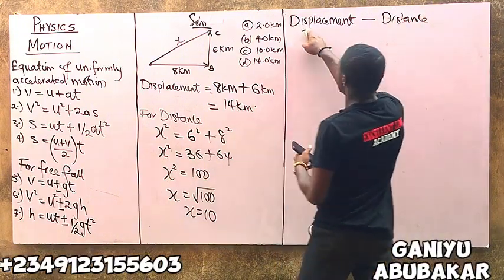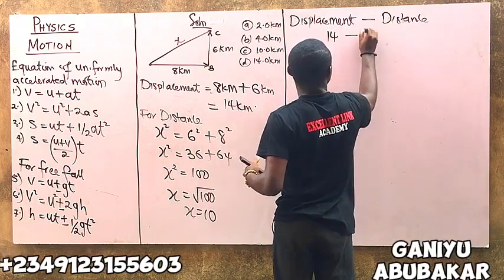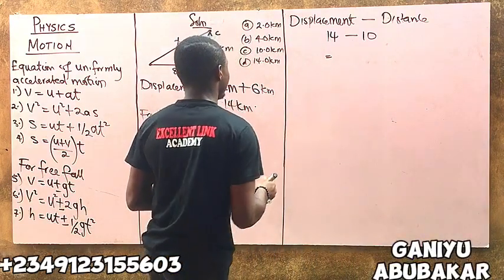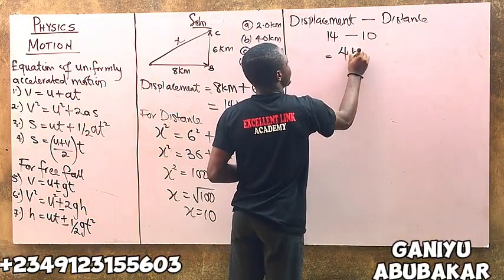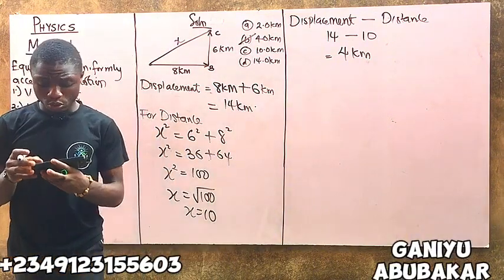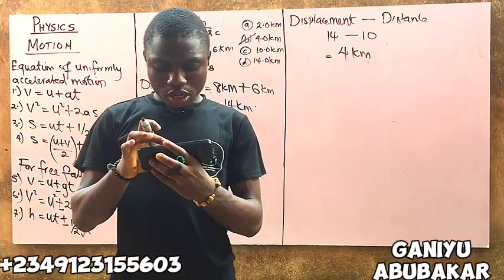So displacement is 14 minus my distance, 10. If I subtract them, I'll have 4 kilometers. So option B is my answer to that question, right?